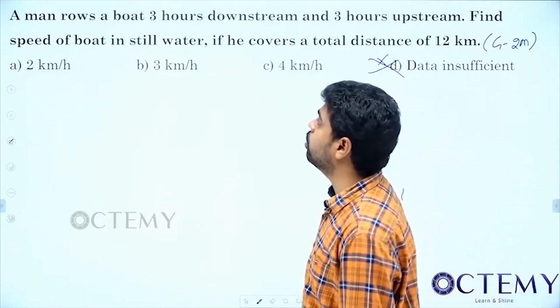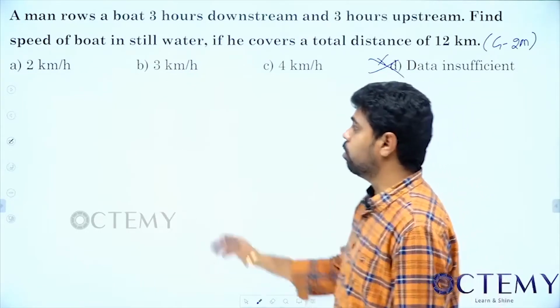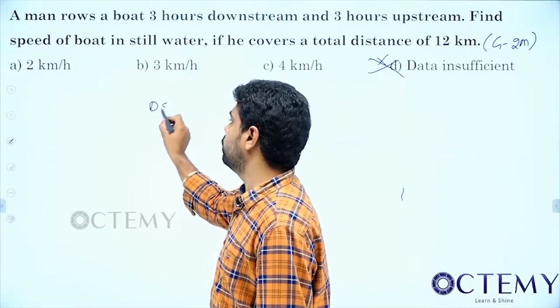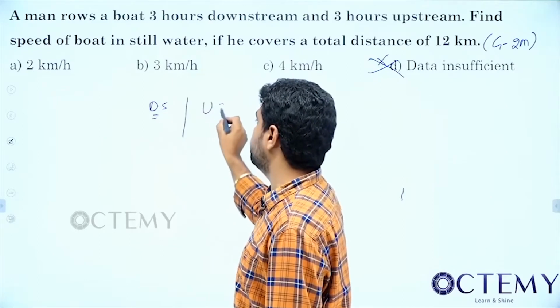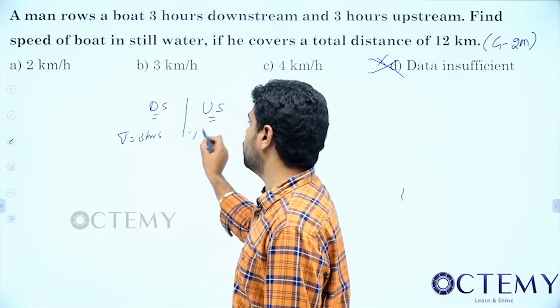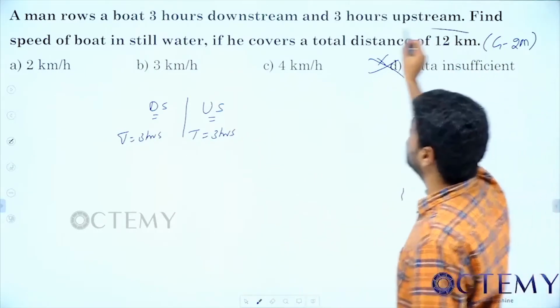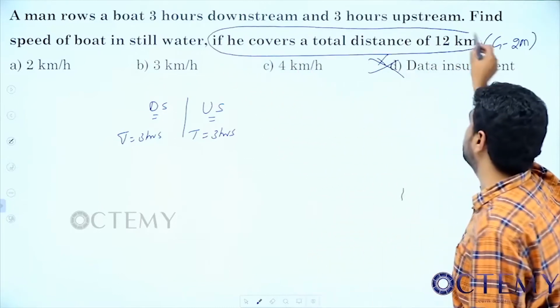See here, a man rows a boat 3 hours downstream and 3 hours upstream. So downstream time is 3 hours, and upstream time is also 3 hours. He covers a total distance of 12 kilometers, and this is important.